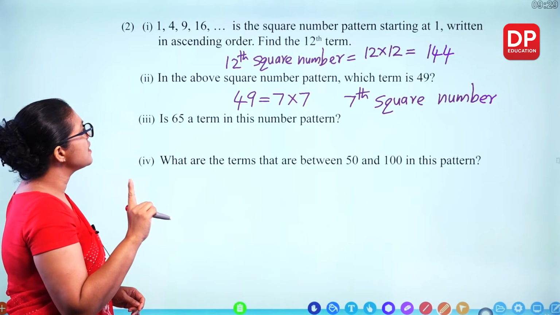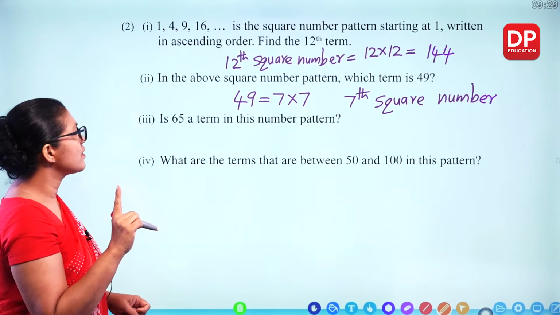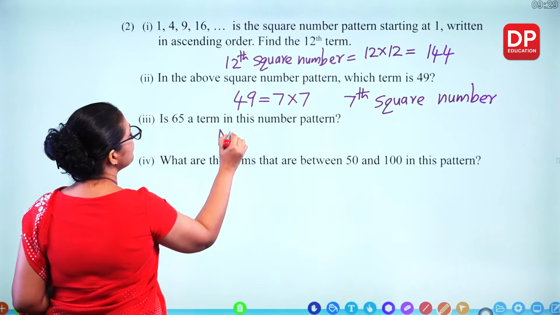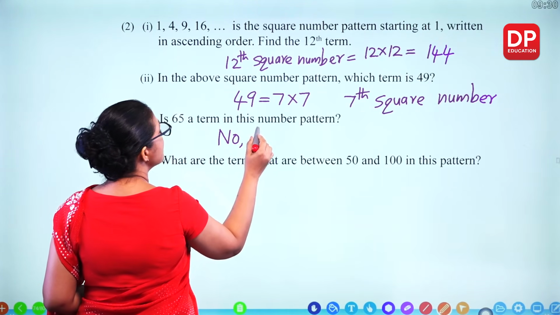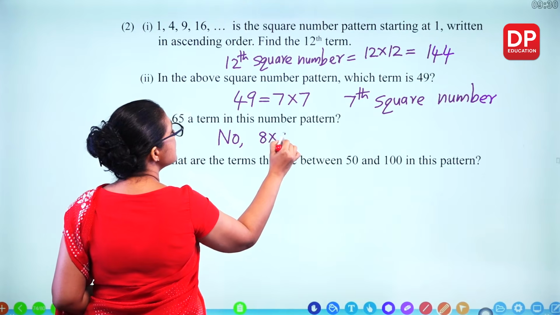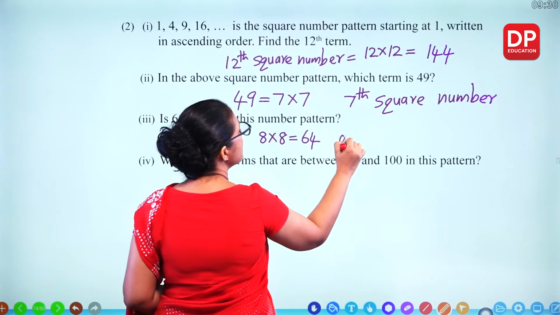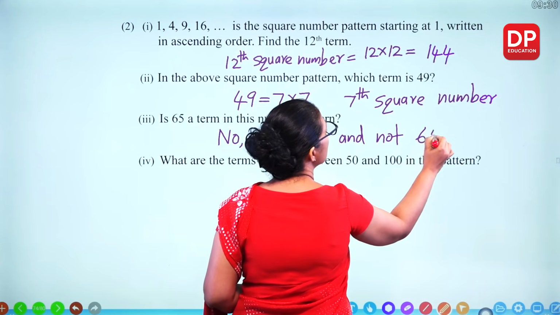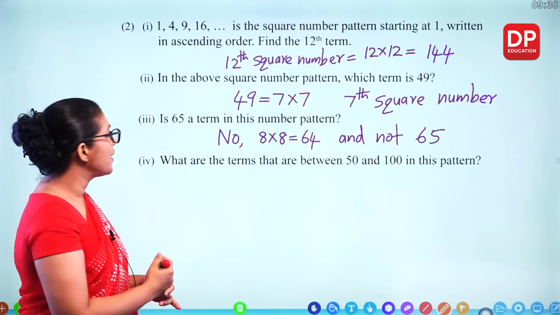Is 65 a term in this number pattern? 65 is not a square number. So no. 8 times 8 is 64, and not 65. So 65 is not a square number.